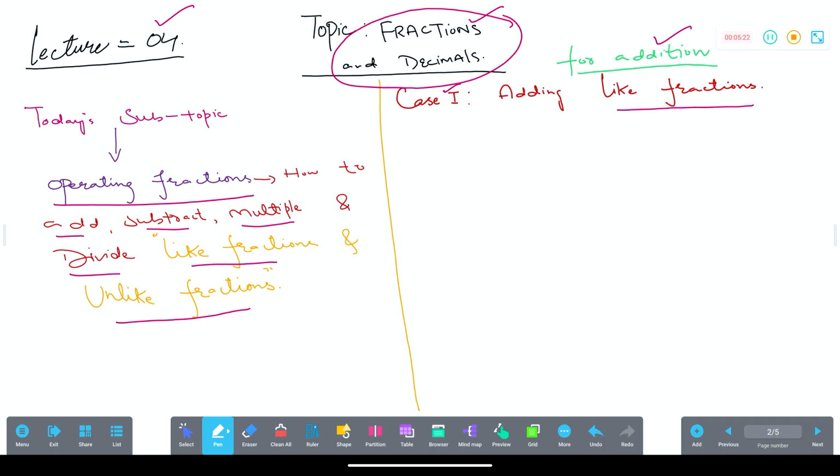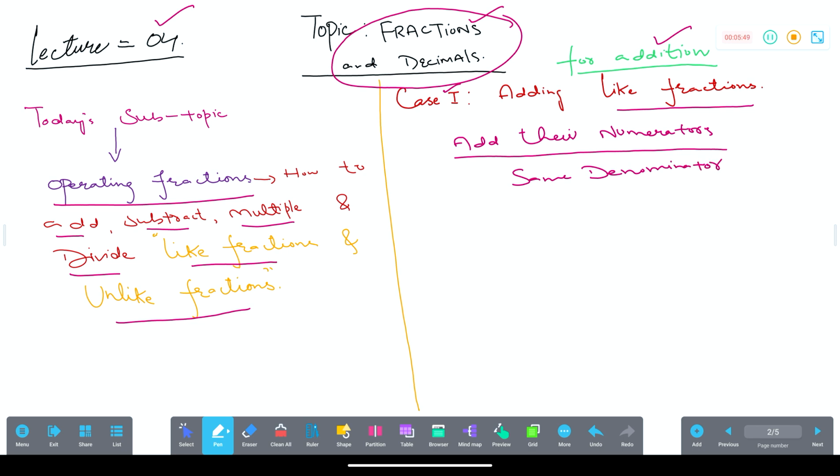Keep in mind, whenever you have to add two like fractions, you will add their numerators and keep the same denominator. You need not add the denominators; whatever the denominator of both fractions is, since that will be the same, you have to keep that denominator as it is. Now we are taking an example here to learn how to add it. Let me consider an example.